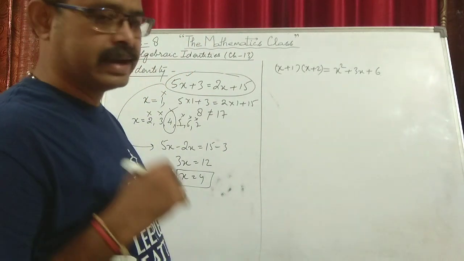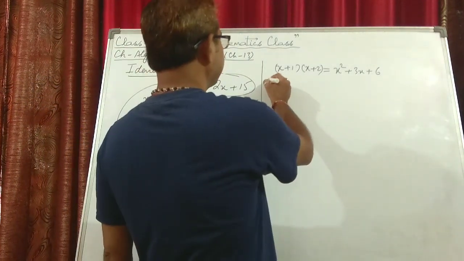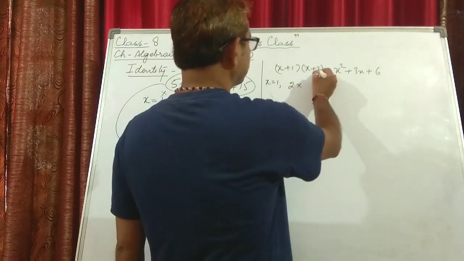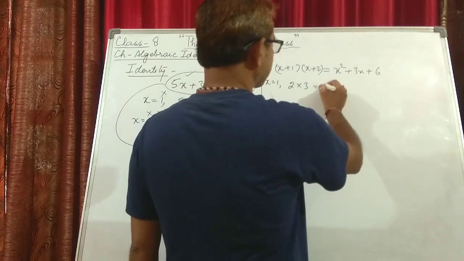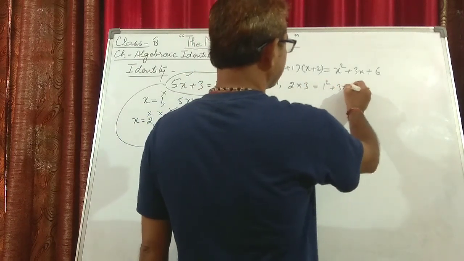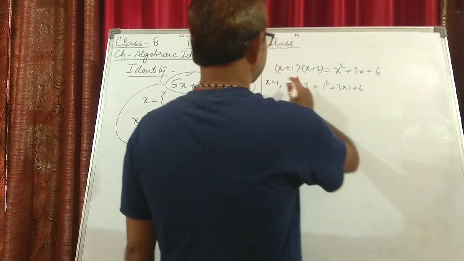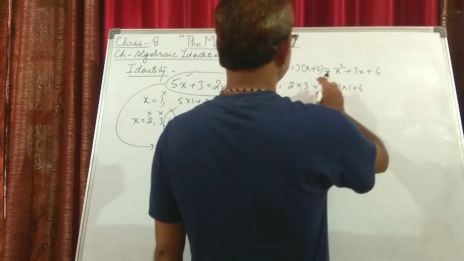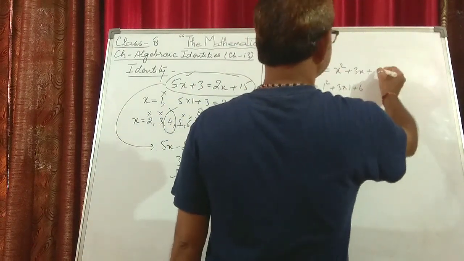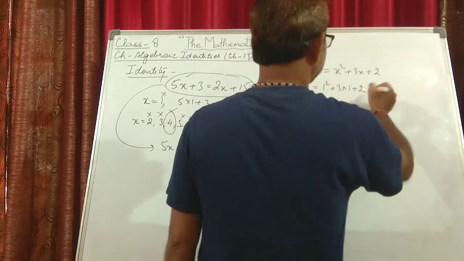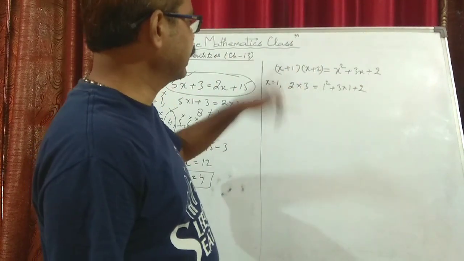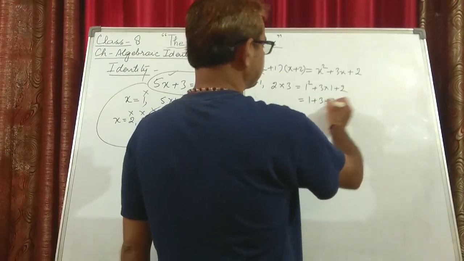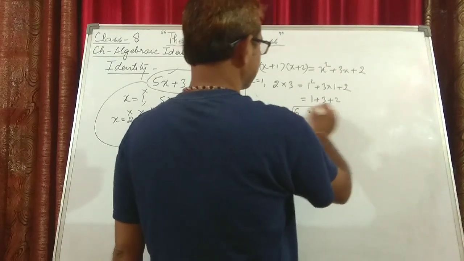Now in this, if I put any value of x, let's say x is equal to 1, this will become 1 plus 1 is 2, into 1 plus 2 is 3, so 6. On the other side, 1 square plus 3 into 1 plus 2, that is 1 plus 3 plus 2, is 6. Here also it is 6, here also it is 6.